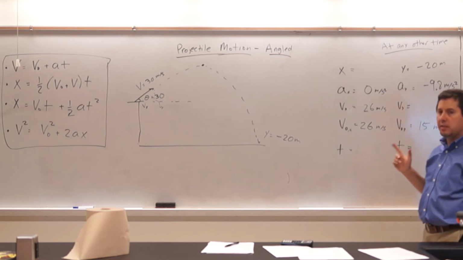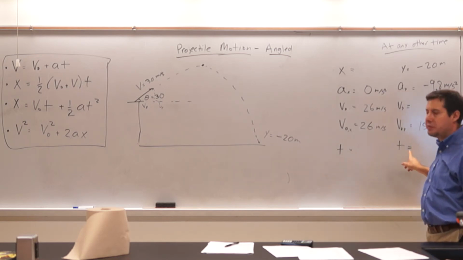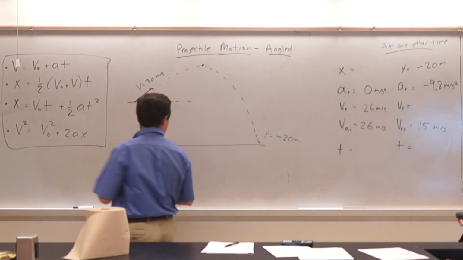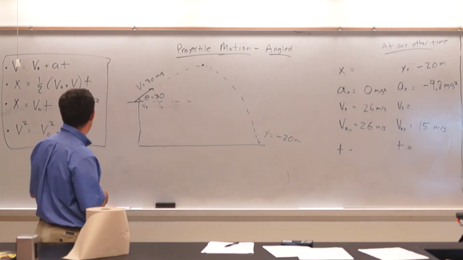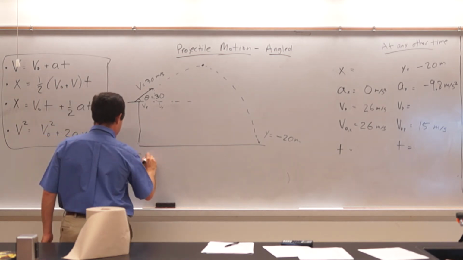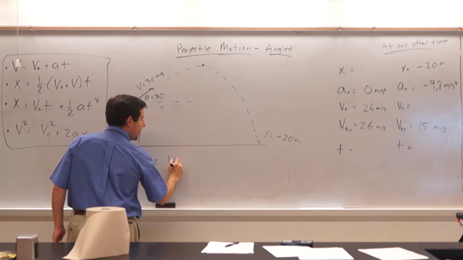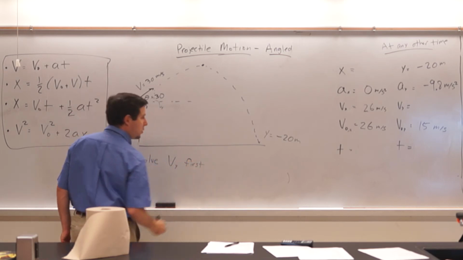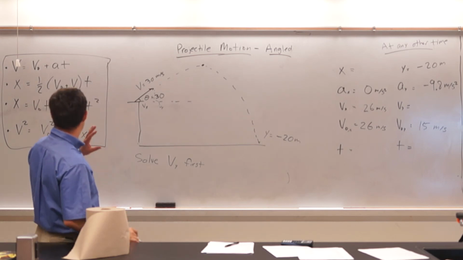Now, the tricky thing to this is if you want to solve time, you can either use a quadratic equation, or the better bet is to solve for the velocity first, v sub y first. And this is what you're going to find works best.